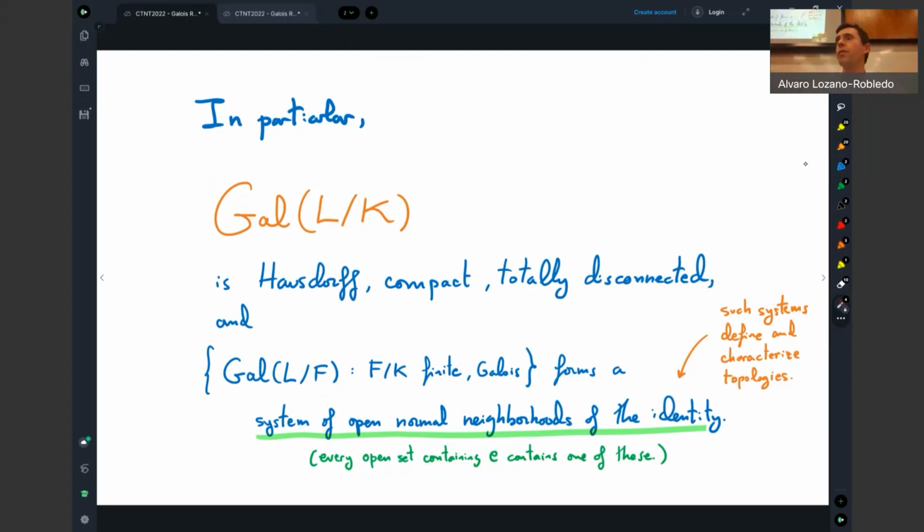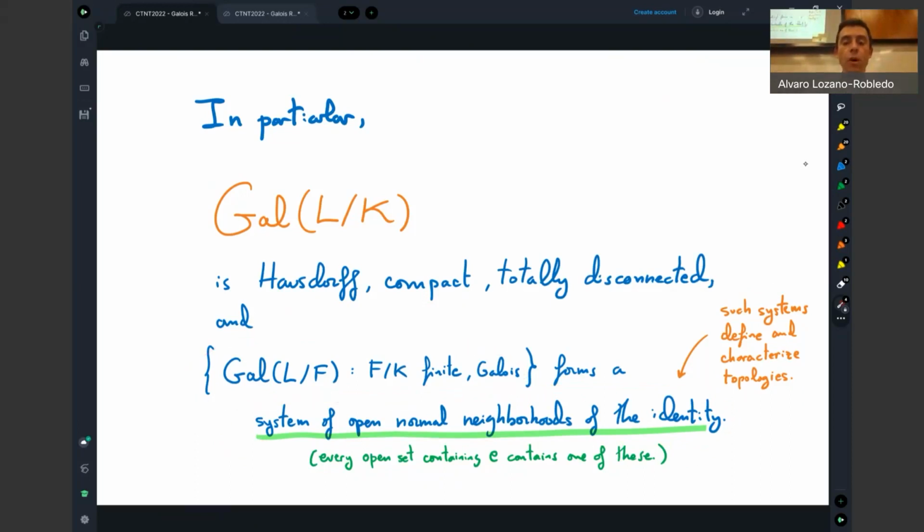It's not just a system of opens. If you know a system of open neighborhoods, it means that any open subgroup that contains the identity contains one of these. This is something one needs to prove, but in any case, any open neighborhood of the identity will contain one of these opens, which are actually normal.